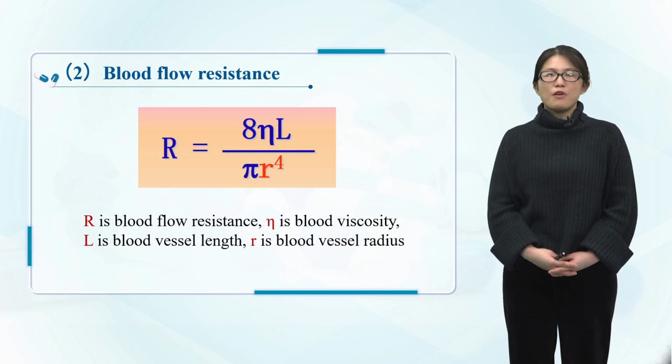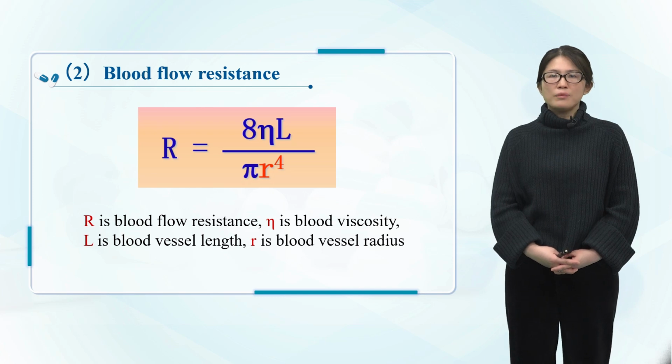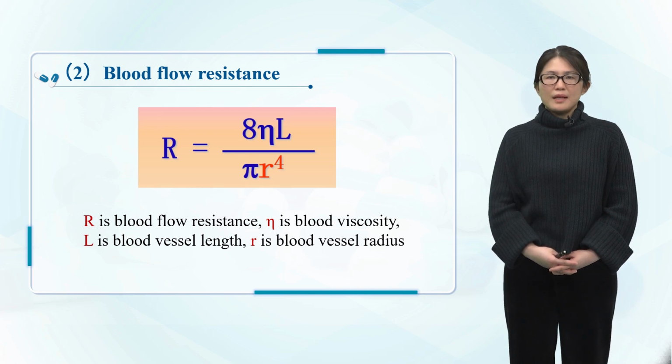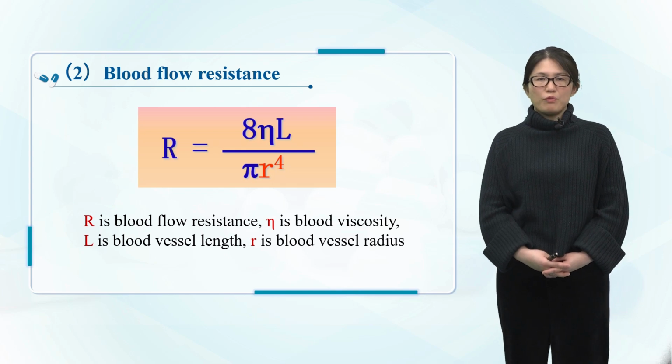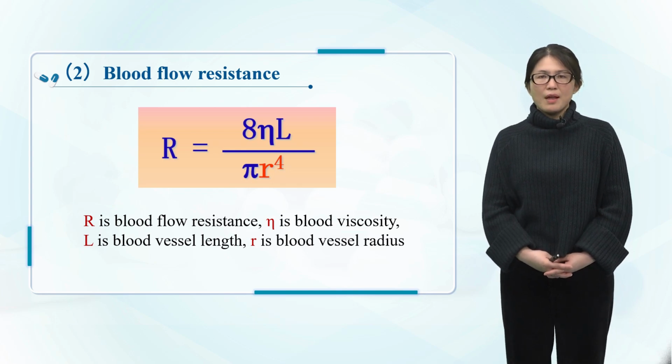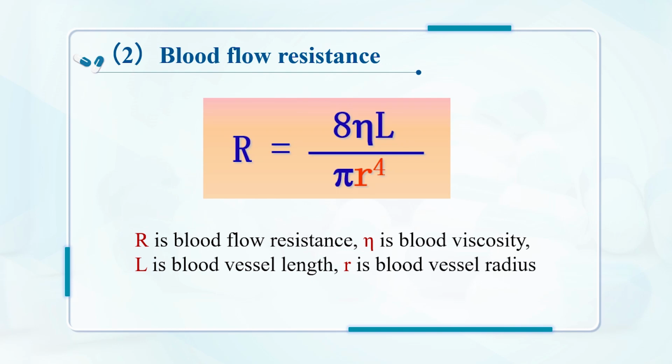The main parts of resistance are small blood vessels. The blood flow resistance can be calculated by the following formula. R is the blood flow resistance, η is the blood viscosity, L is the vessel length, and r is the vessel radius.